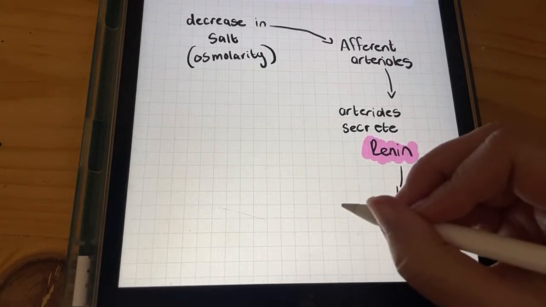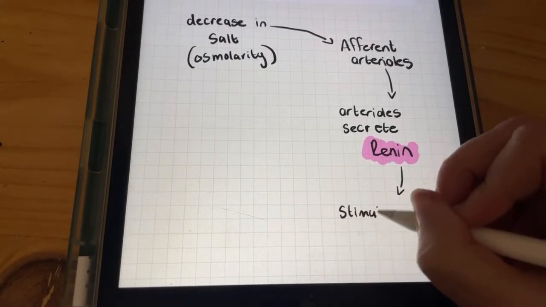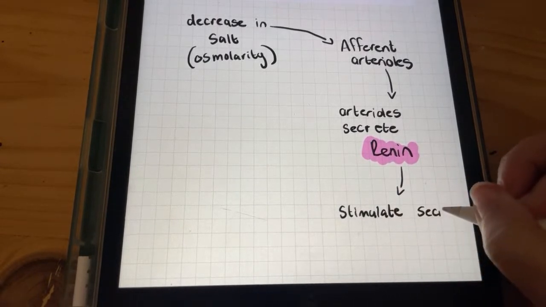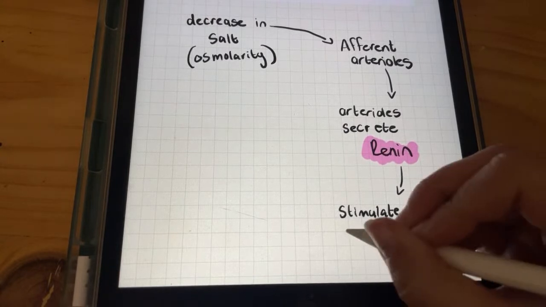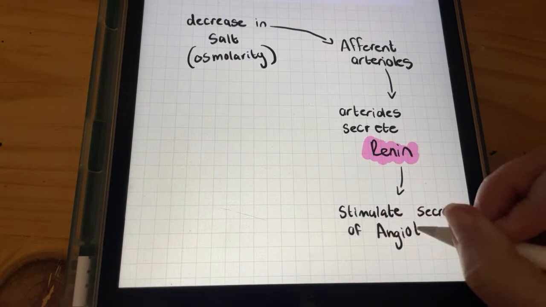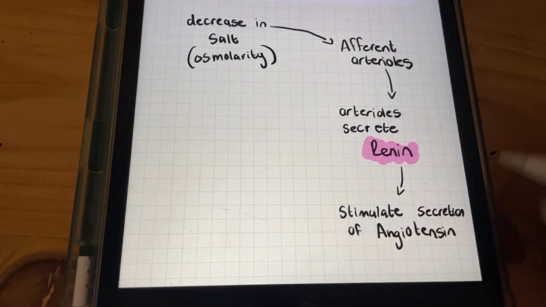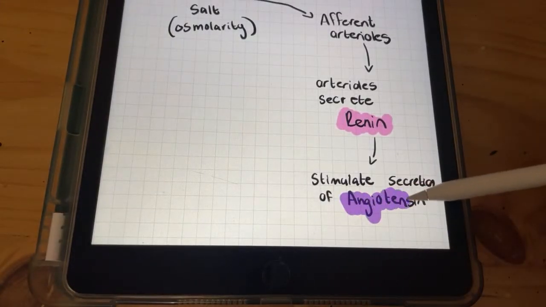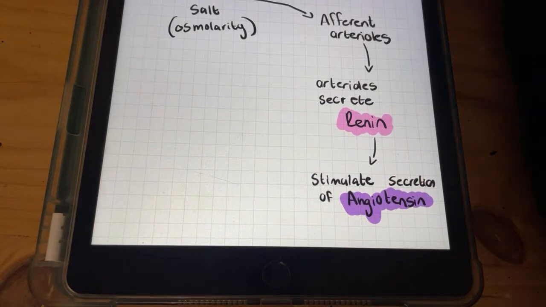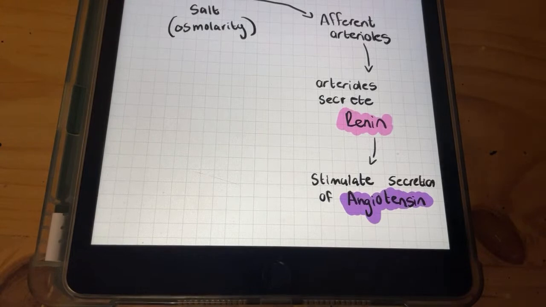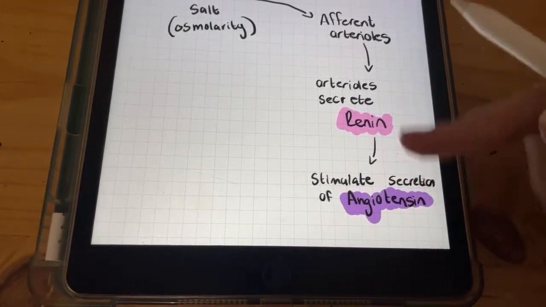Renin is then going to stimulate the secretion of angiotensin, which is another hormone that is still not aldosterone. So yet again, we are stimulating one hormone with another hormone. We've got two different hormones that we need to remember thus far.